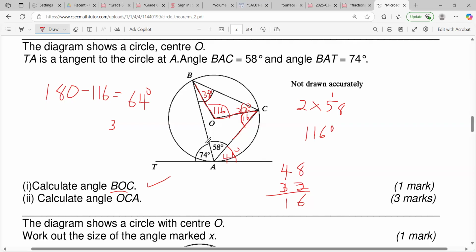Because look, all of this equals 74, the angle here. So if this is 32, we can actually figure out this piece. Just in case CXC gets mad, let us go through it. So that'll be 32 from 74, which will be what? 42. So here would be 42.